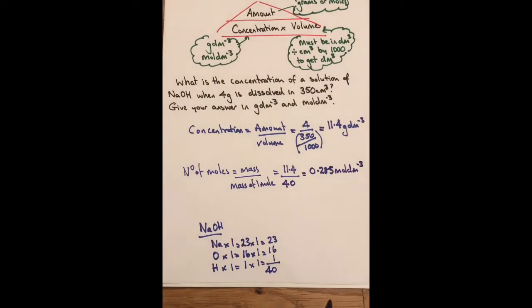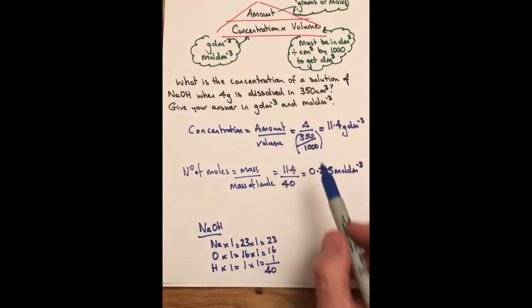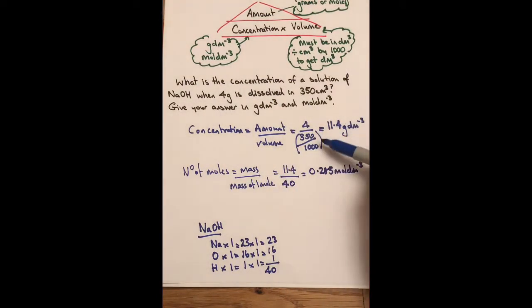Okay, so what I've done there in my working out is I have converted my first answer from grams in 350 centimeters cubed into grams now in a decimeter cubed, and then I've taken that value 11.4 and converted that into the number of moles, which is this many moles, and because it's this many moles in 1,000, then that is going to be the concentration in moles per decimeter cubed.